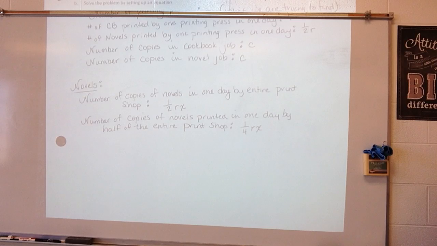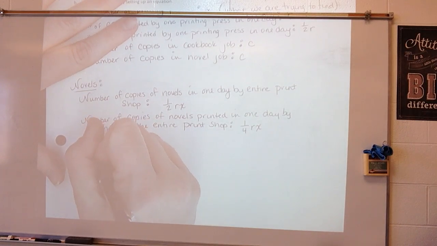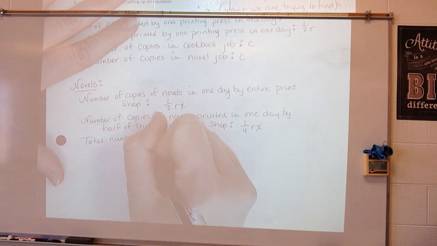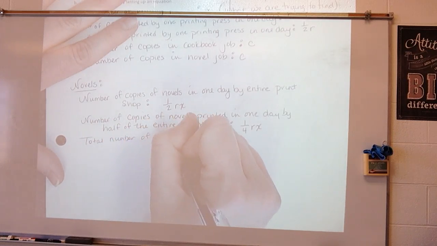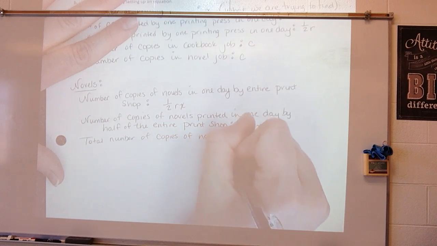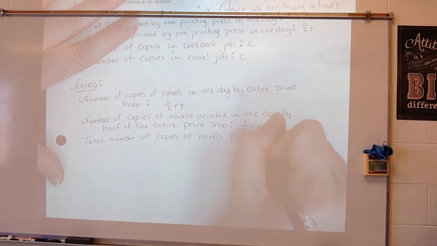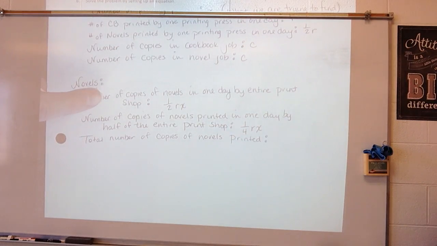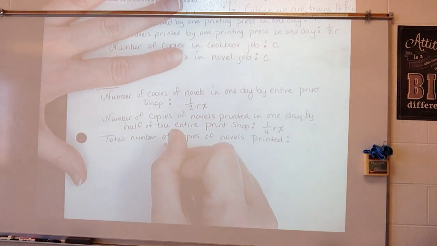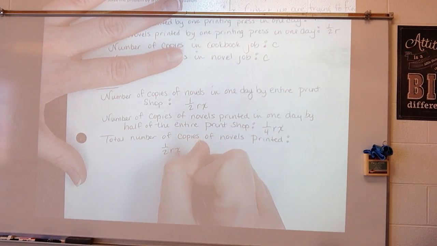Now, how do I find the total number of copies of novels printed? Well, how much was printed in one day by the entire print shop? Remember, on day one every printing press was working, so 1/2 RX.